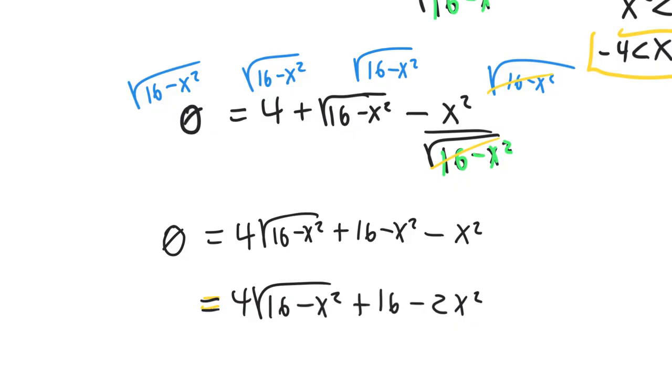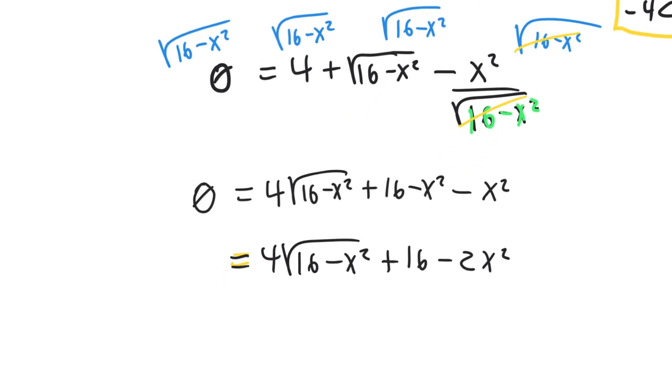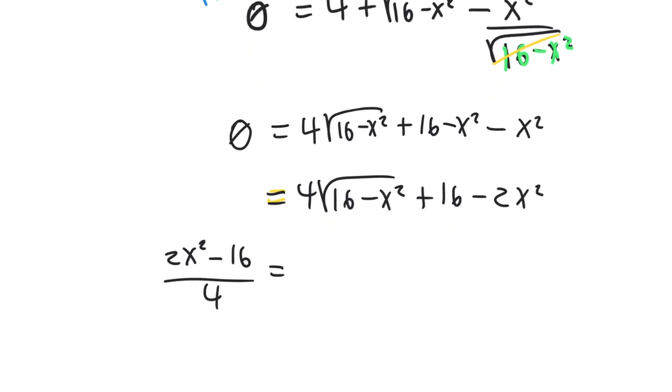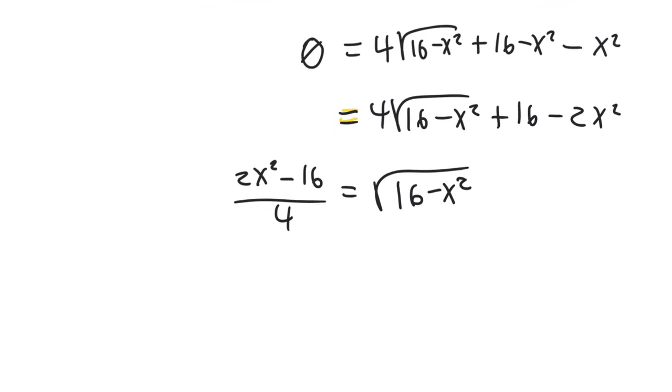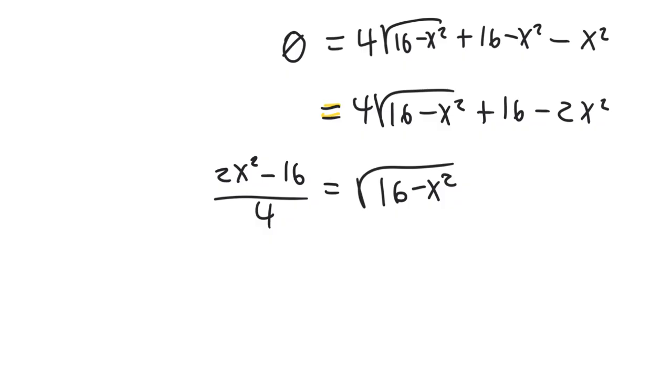Let's get all the non-radical stuff on the other side. I think my student watching would agree that that would result in 2x squared minus 16 all over 4, and that equals this. That's x squared. Now, let's divide everything over here by 2.